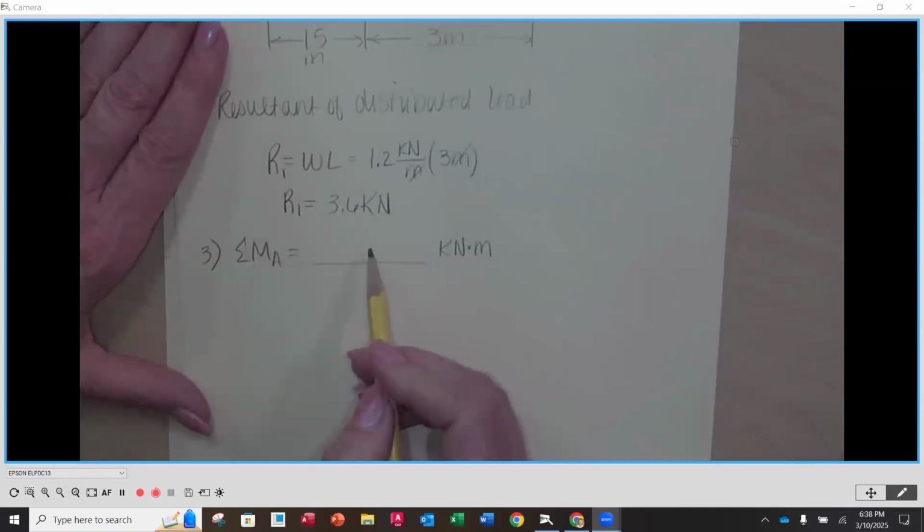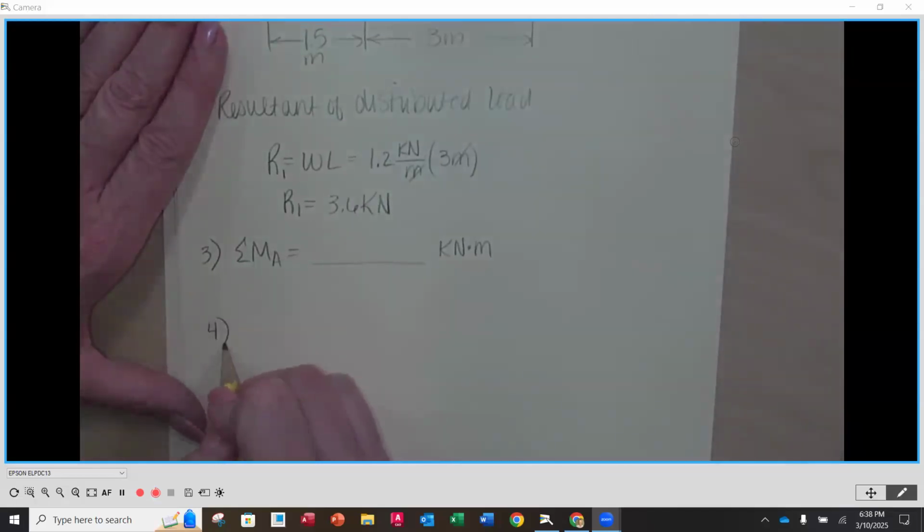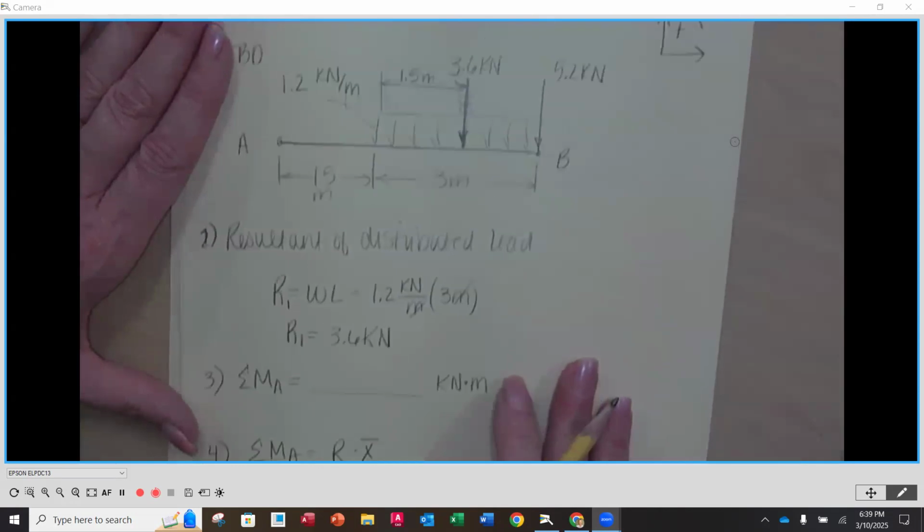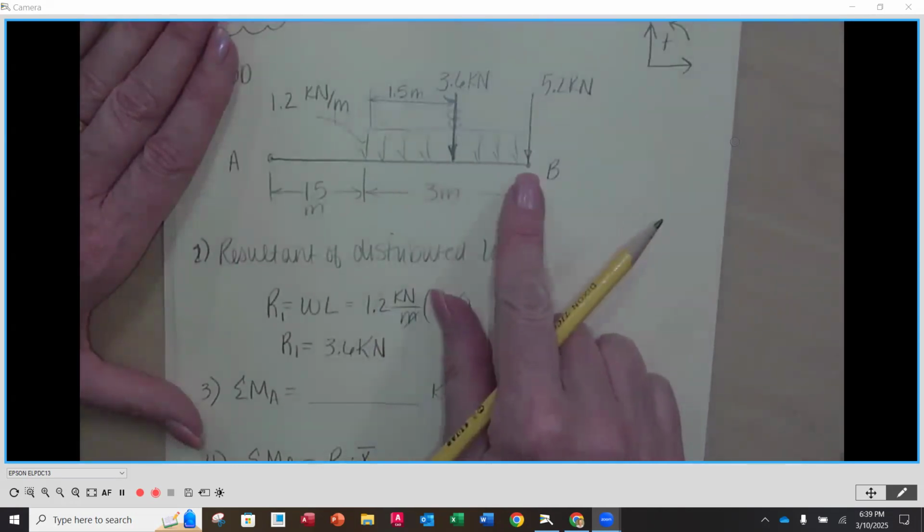And once we get that total moment, step number 4 is going to be to take that moment and set it equal to our resultant. Oh, I didn't do the resultant force. Our resultant times an X bar. To get the resultant force, we're simply going to add these two forces together.